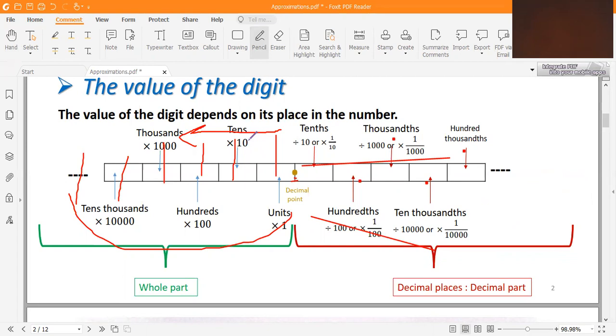By tens, we mean that the value of a digit located in the tens column should be multiplied by 10, in the thousands column by 1,000, in the ten-thousands column by 10,000, and so on.